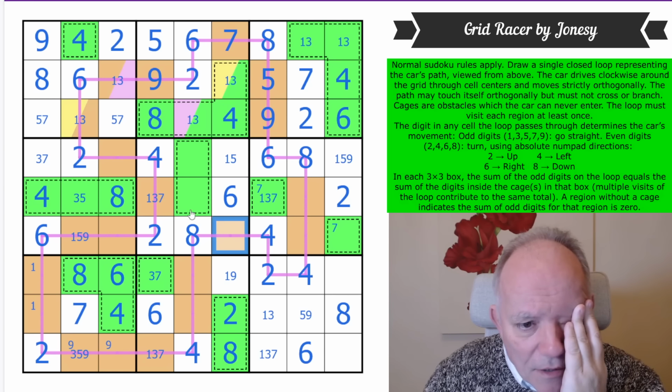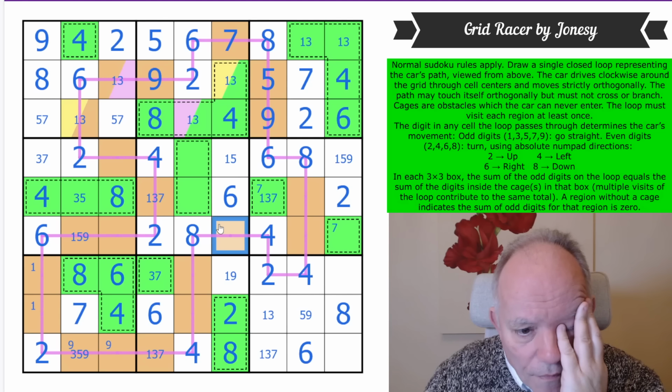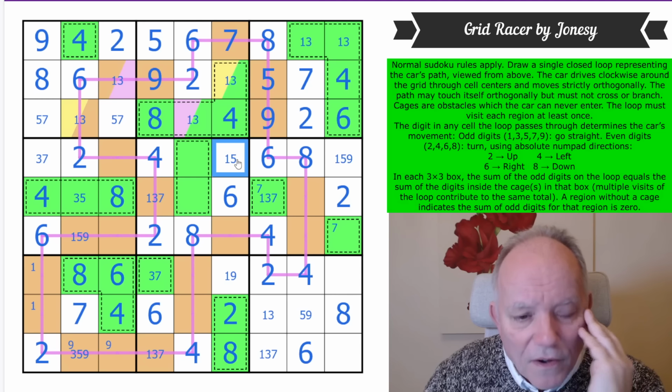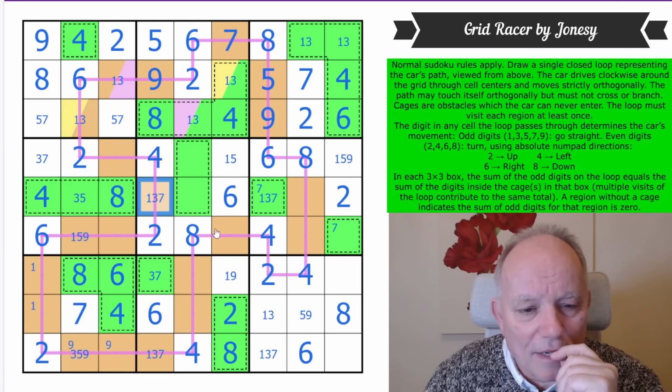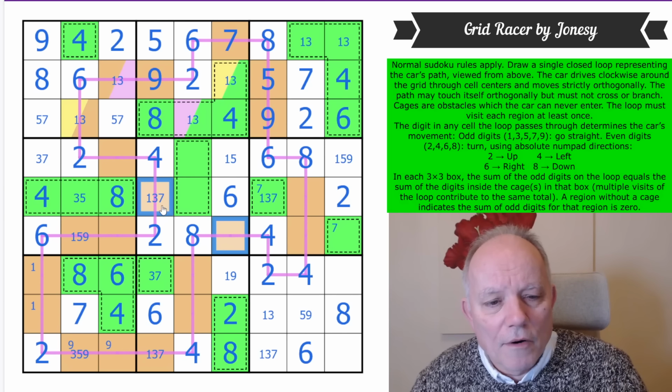If that happens in orange, this is a 5, is it? If 9 was in orange there, that's a 1, that's a 1, that's a 1. Then orange and orange add up to 10.